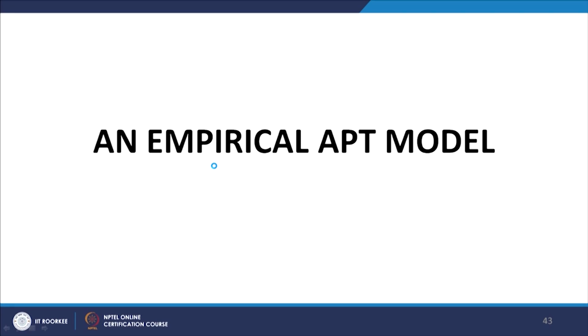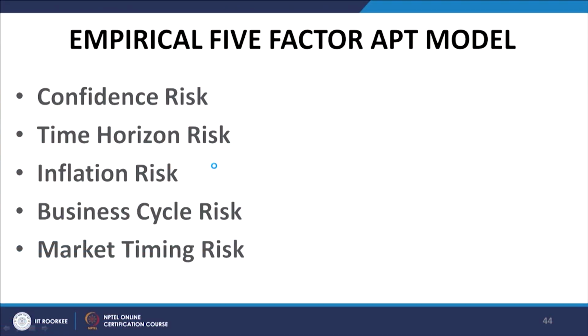So, we now look at an empirical APT model which has been empirically tested and found to be reasonably good. The risk factors that constitute this model are: number 1, confidence risk; number 2, time horizon risk; number 3, inflation risk; number 4, business cycle risk; and number 5, market timing risk.